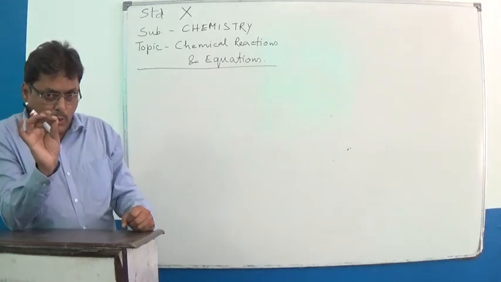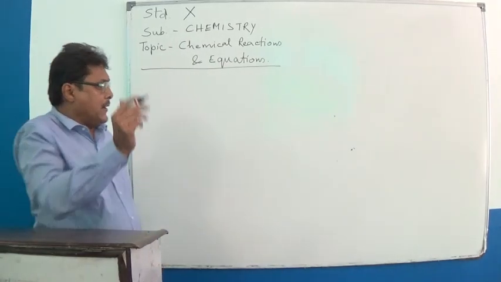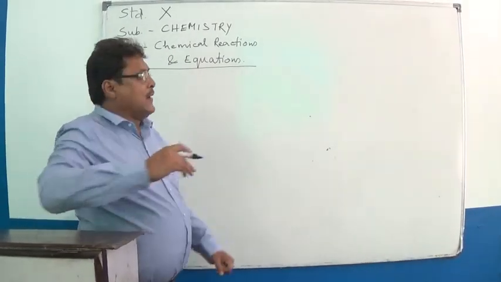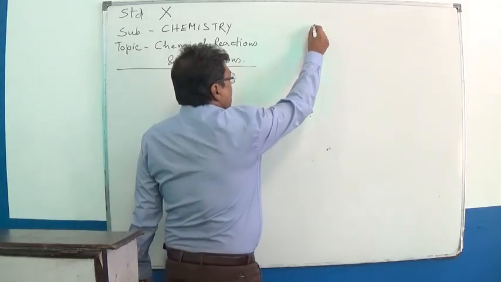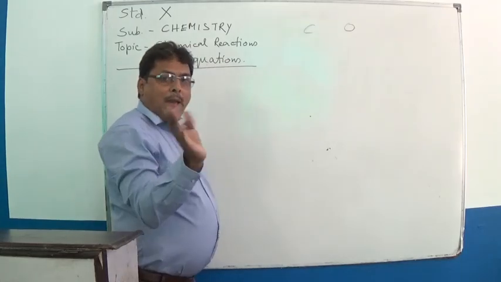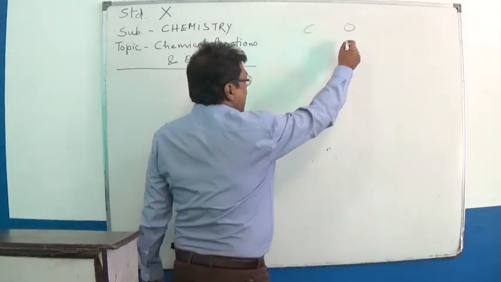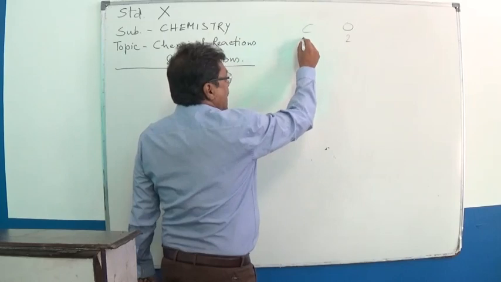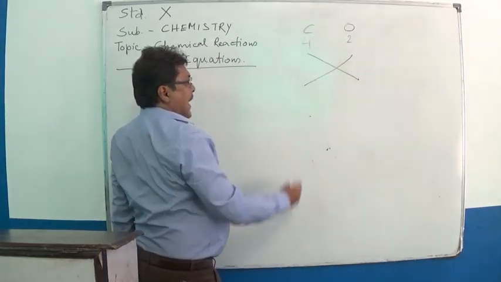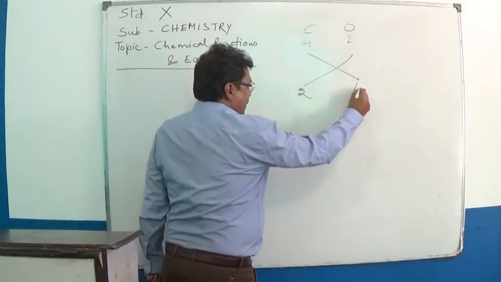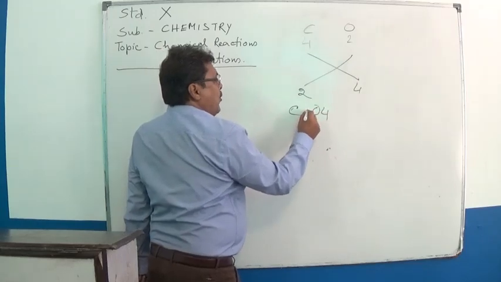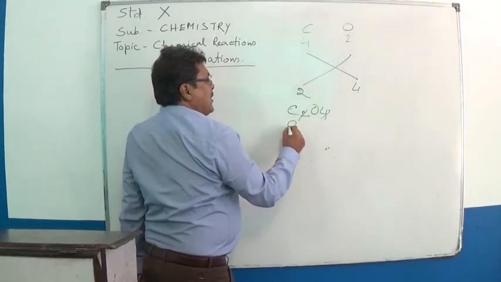To make it a little clearer, I repeat, you remember in class 9 how a formula is made. Suppose we are writing carbon and oxygen. We write down the valency of them in the beginning, right? Oxygen is 2 valency, carbon is 4. We cross this and write 2 and 4. So now the formula becomes C2O4 and we cancel out to get CO2.